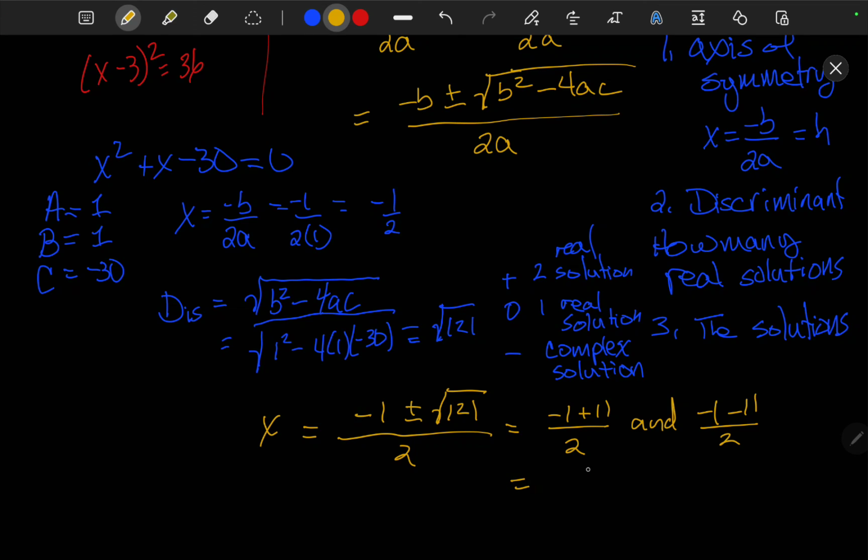That simplifies to 10 over 2, comma, negative 12 over 2, which simplifies even further to positive 5 and negative 6. There we go. We know what our x solutions are.